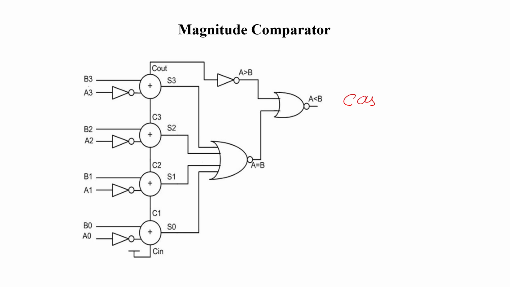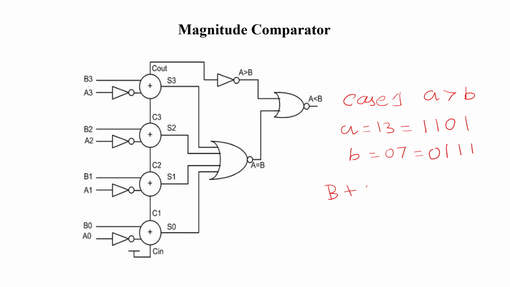Case 1, A greater than B. So now A value is 13. 13 equivalent binary number 1101, B equal to 7, 7 equivalent binary number 0111.